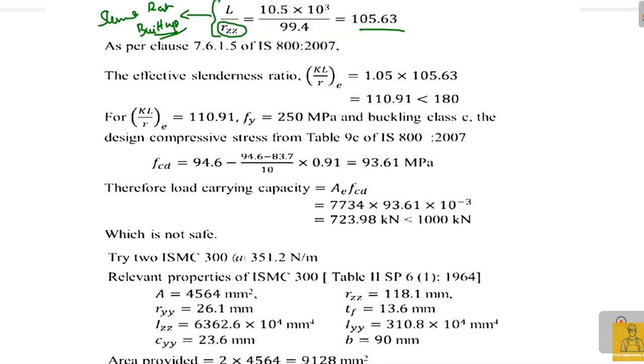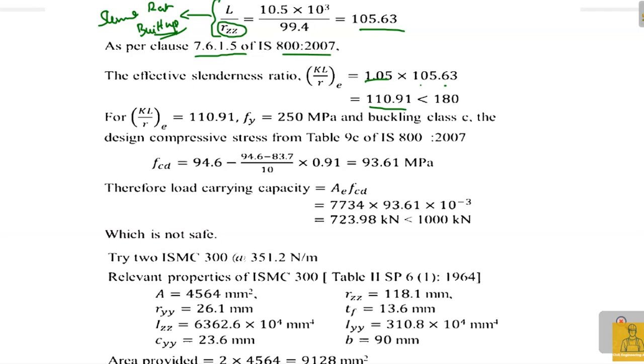But according to clause 7.6.1.5 of IS 800, if these two channel sections are connected by a lacing system, the slenderness ratio has to be multiplied by a factor of 1.05. Okay, this is the condition. So I multiplied this, and now 110.91 is the effective slenderness ratio of the built-up section.